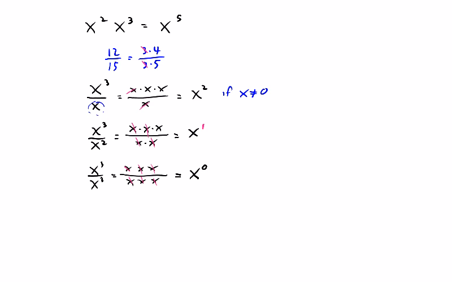It's pretty clear when you take something in the numerator and divide by the same denominator that this should in fact equal 1. But using the pattern that we've established, dividing 3 factors of x by 3 factors of x leaves 0 factors of x. So we could call that x to the 0 power, but acknowledge that that is 1.